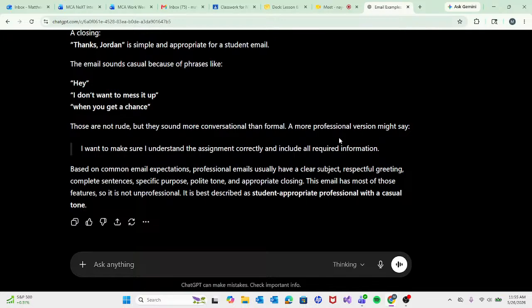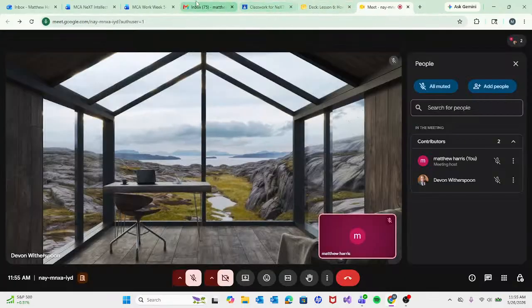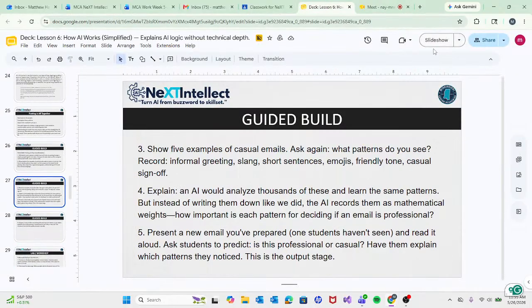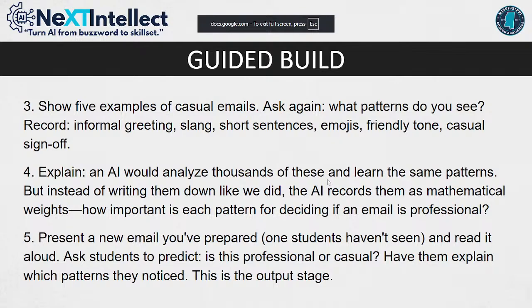And then we were able to look at examples of our own other emails and be able to see, do they fit the context needed? This would be done with millions of examples for the AI to be able to make these connections, to notice things like this, to see, is it giving output of an email that is appropriate for the situation. So that is what was for the guided build section.